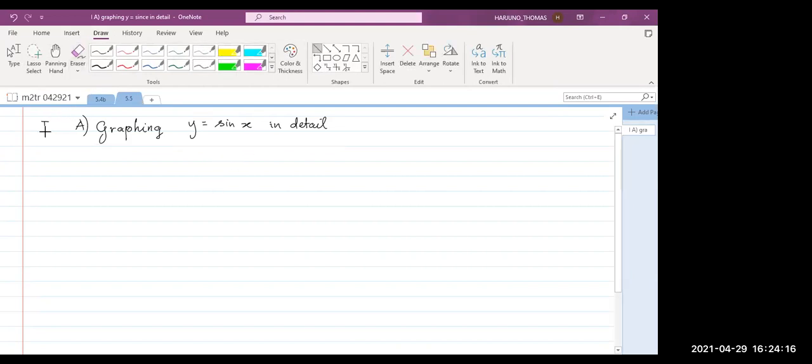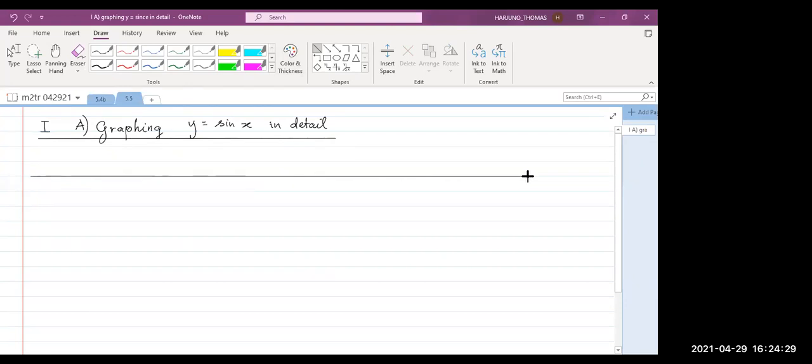Once you print it out, I would like you to construct a table for values of sine. You have theta here, and this is sine theta.